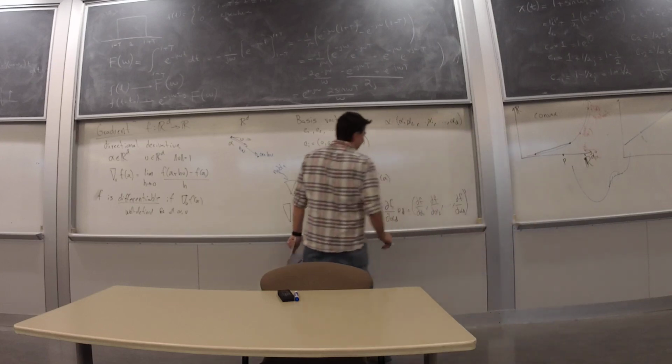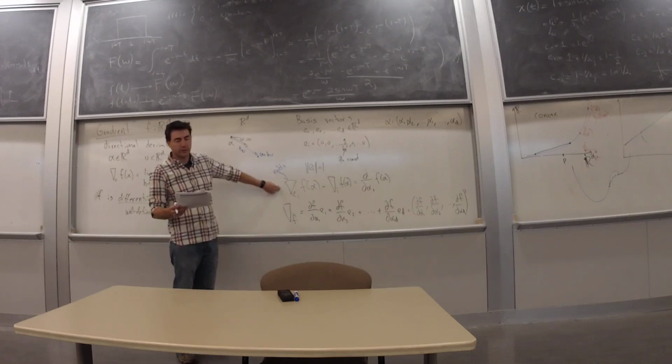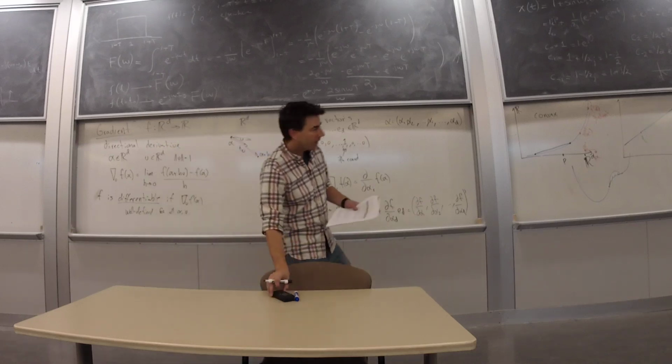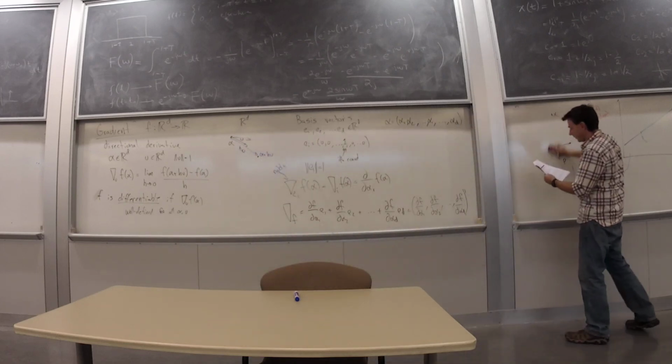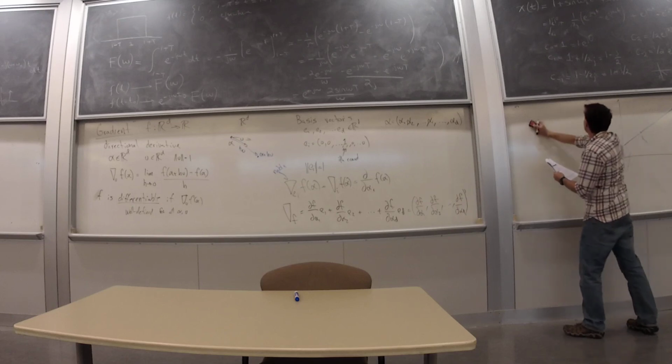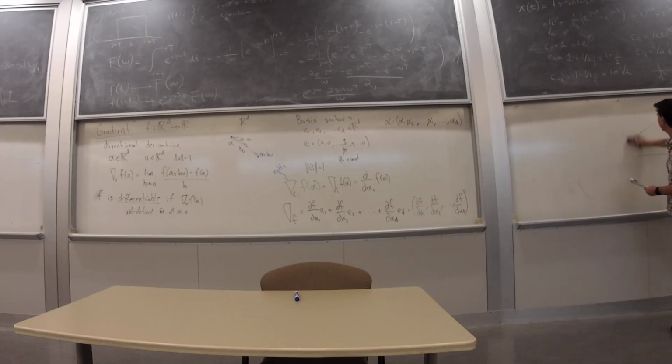Right, so it's just a vector here. And so each of these gives me one coordinate of this gradient. Okay, so we went a little bit quick here. Let me finish with a simple example of the gradient.